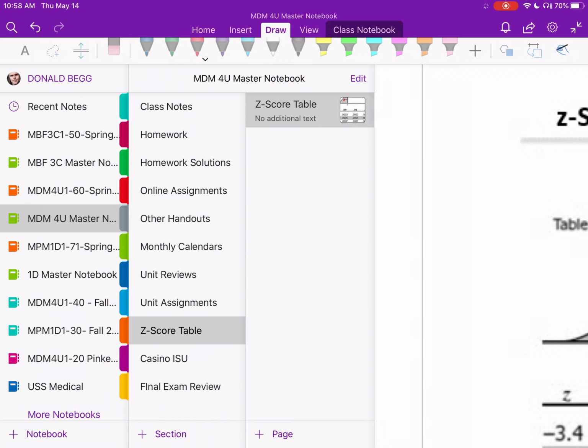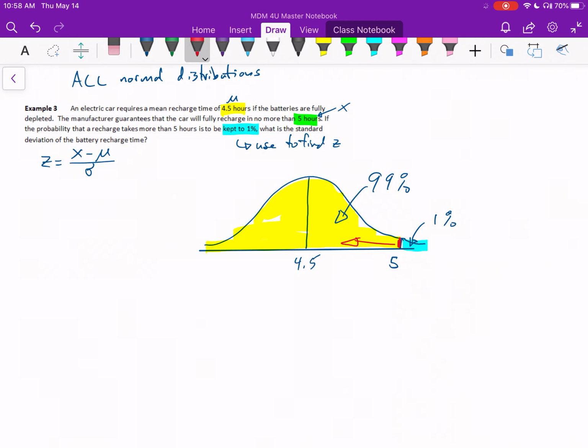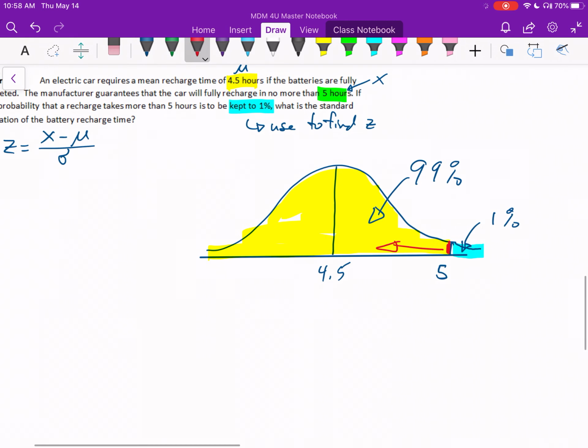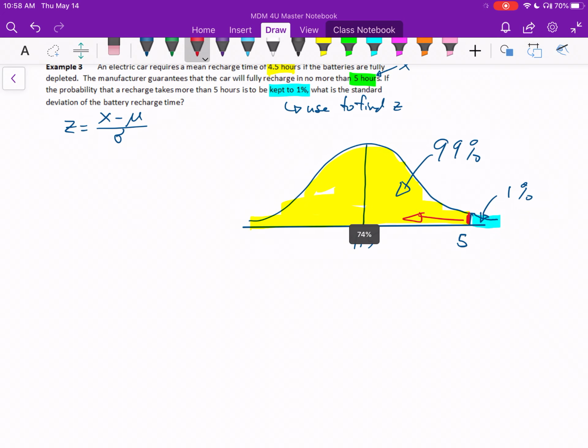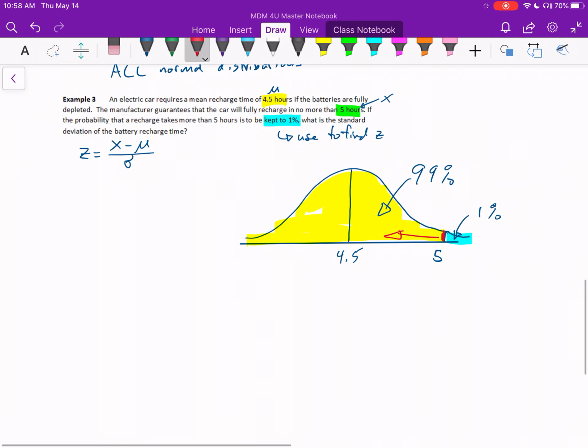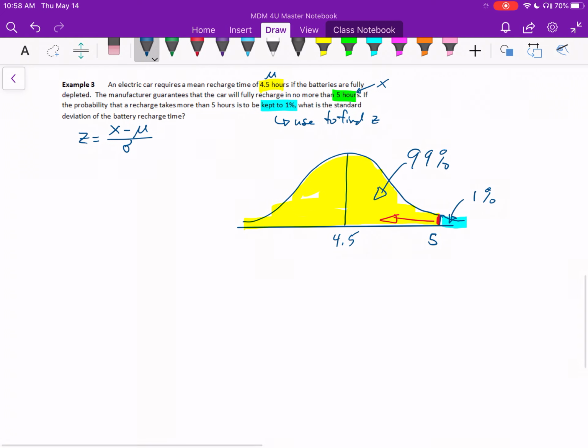So that is the whole reason why, even though it talks about 1%, because it's the upper 1%, I need to use the rest of it, 99%. All right, so now we know it's 99% of the time. We could reword this to say that the battery needs to recharge in 5 or less hours 99% of the time.